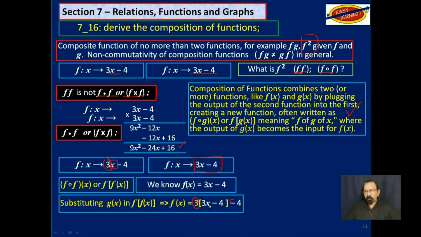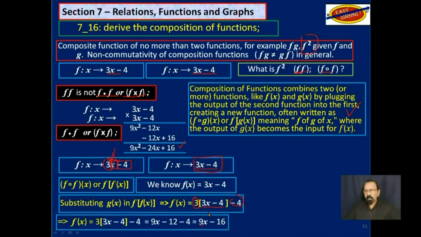We still have this -4 in the back here. All we are doing is replacing that x, this x, with 3x minus 4, which is here. And you simplify that and you get 9x minus 16, which is certainly not this up here.